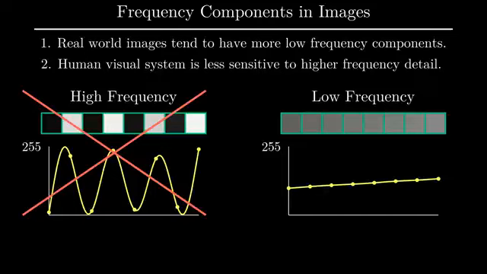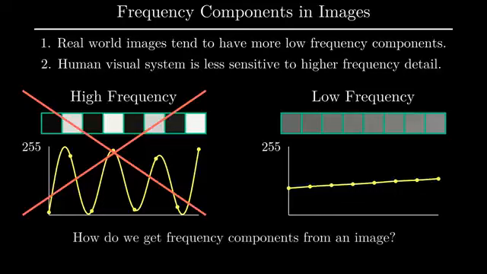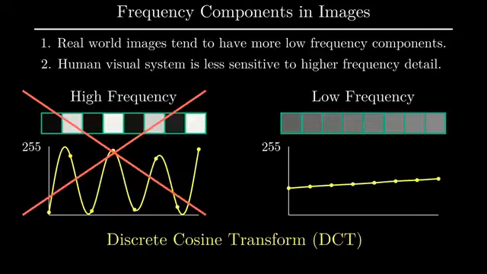But there's one big problem. How do we get frequency components from an image? This is where some particularly clever and beautiful math comes into play. The answer to this question lies in a special operation called the discrete cosine transform, or the DCT. The DCT works for any size input, but to simplify things, let's focus on an input of 8 pixels. Just as we did earlier, let's suppose these 8 pixels form some sort of signal.